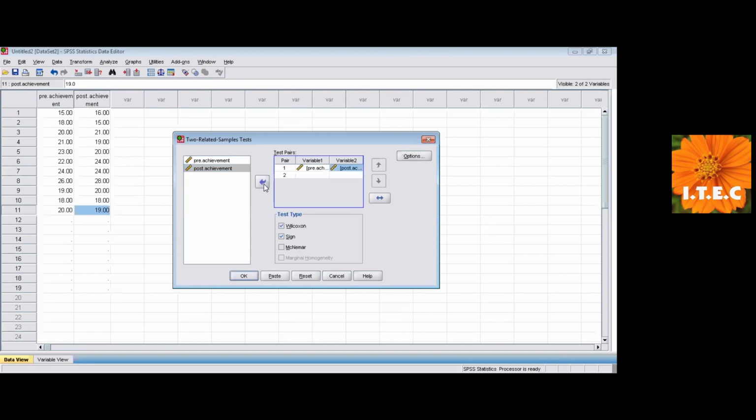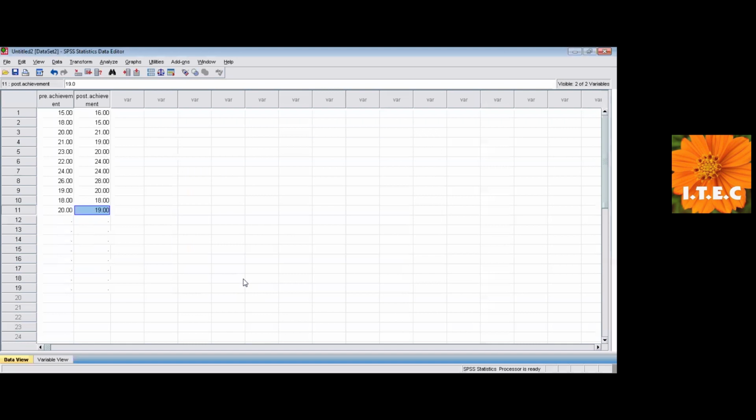Forget about the Wilcoxon, because the number is not 16, it is 11. And let us see what the value is.